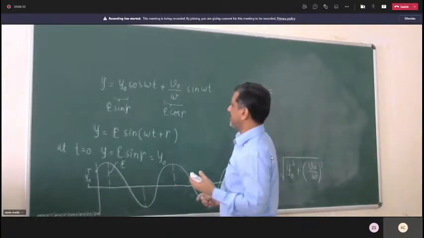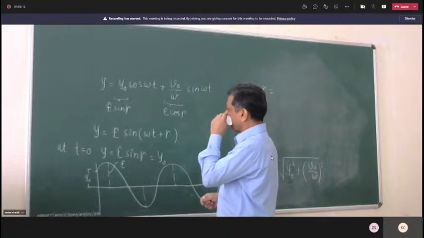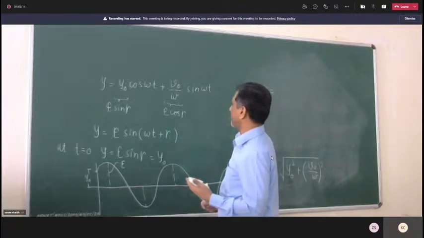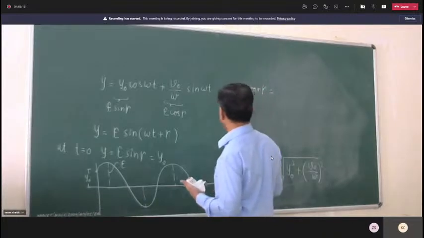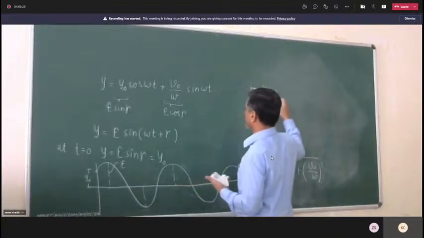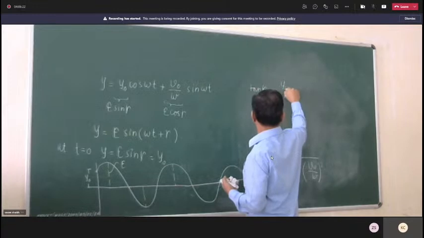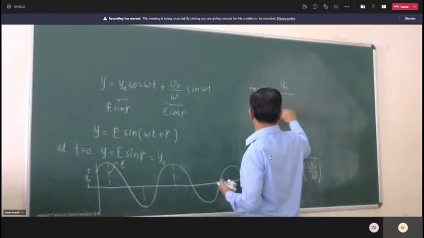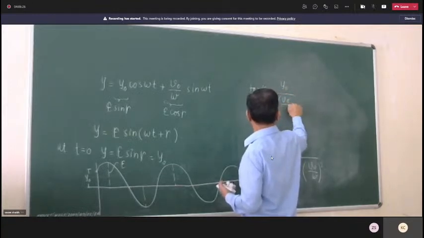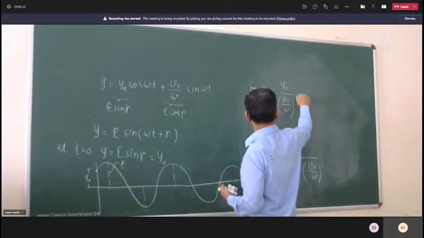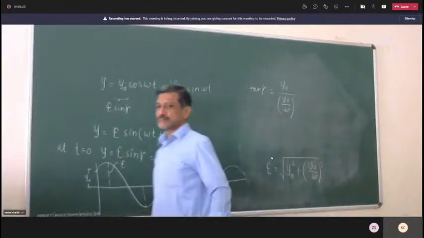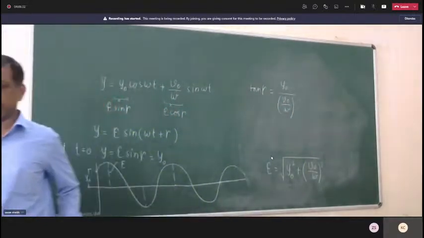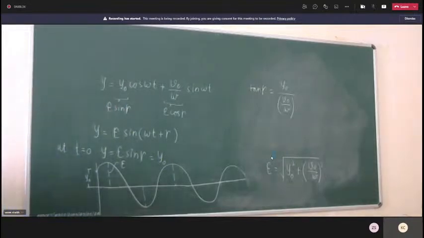E sin gamma upon E cos gamma is equal to y0 upon V0 upon omega. E will get cancelled. Tan gamma is y0 upon V0 upon omega. Right? So solve this. You have to solve that problem.